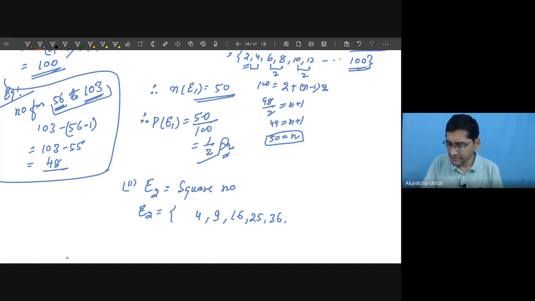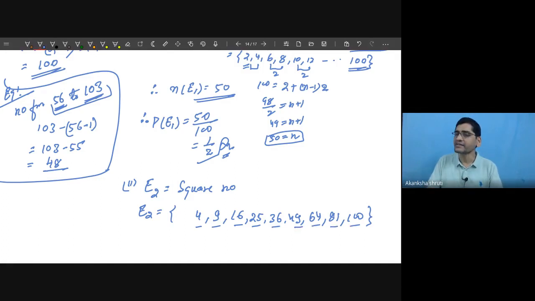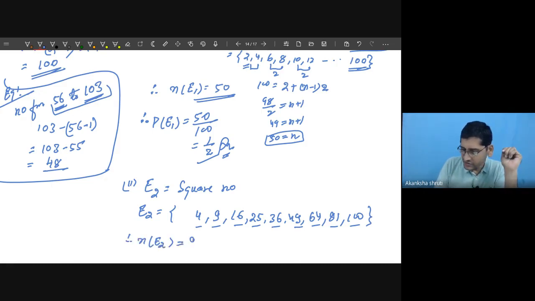So 6 square is 36, 7 square is 49, 8 square is 64, 9 square is 81, and 10 square is 100. How many? 1, 2, 3, 4, 5, 6, 7, 8, 9 are there, not 10. Getting it? If 1 was included, then there could be 10 numbers. Okay, so be careful. Therefore, NE2 is equal to 9.